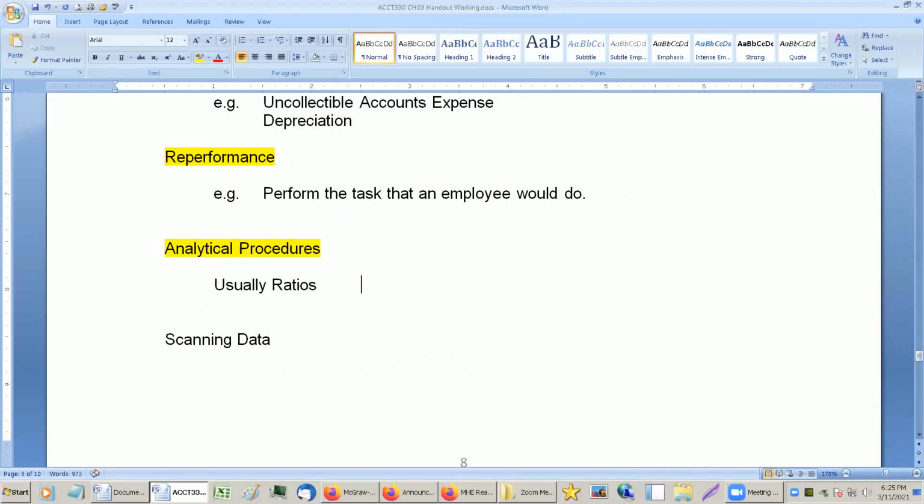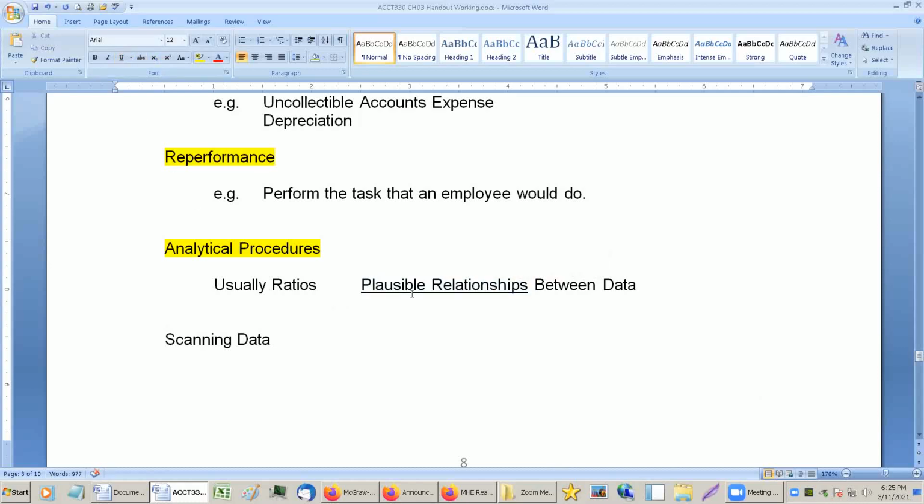What they do is they look for plausible relationships between data, and it could be financial data or other data.